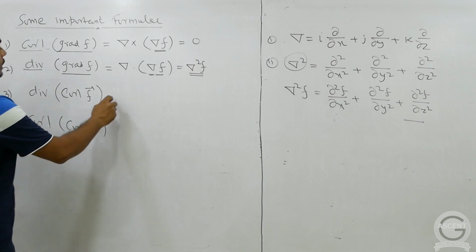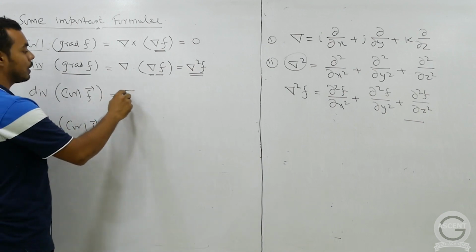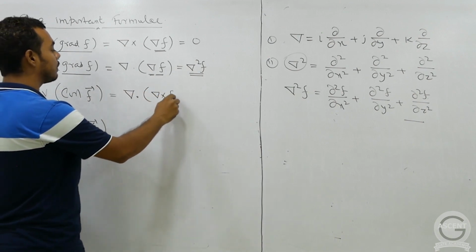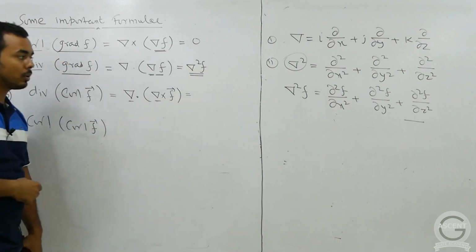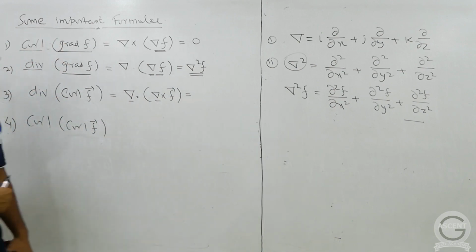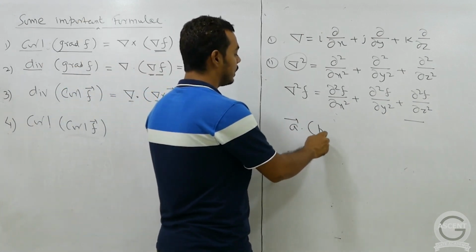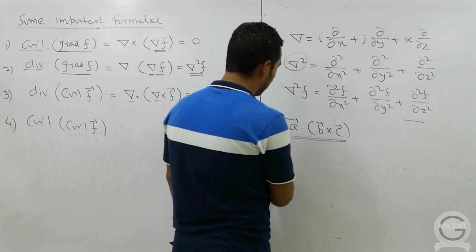The third result is divergence of curl of f. So divergence of curl of f, this will be del dot, curl was del cross f. Okay, now even though del is an operator, here you can apply the concept of a scalar triple product. In our earlier discussion we had seen this thing called the scalar triple product of three vectors a, b, c, a dot b cross c.